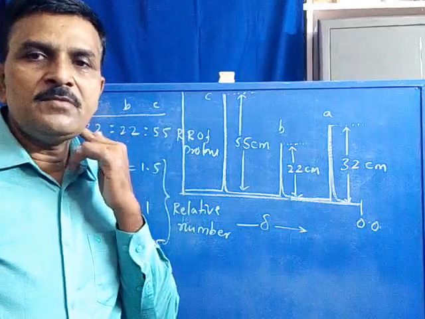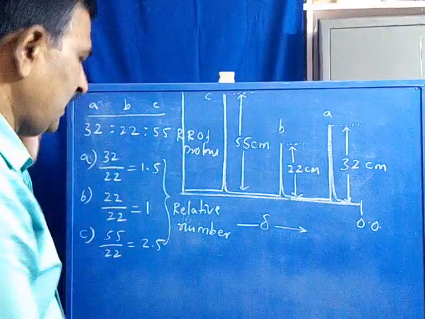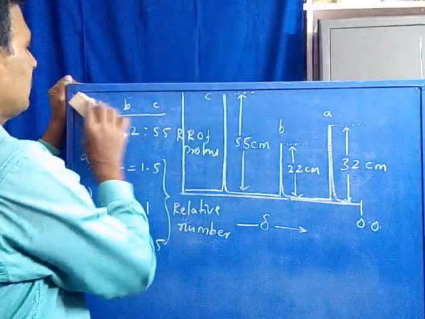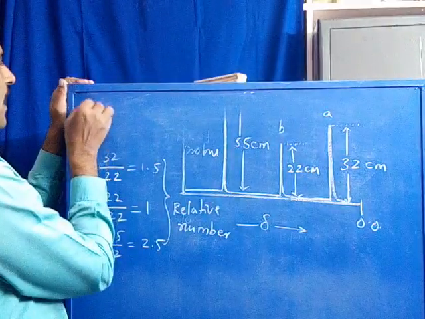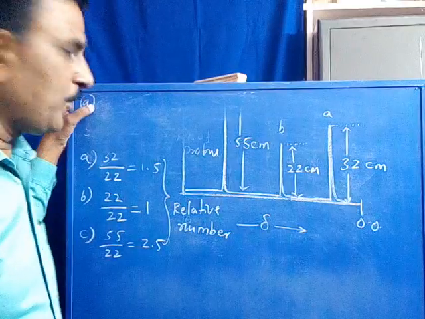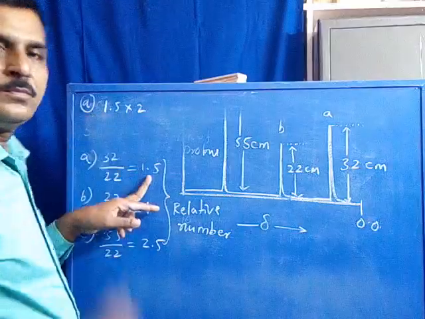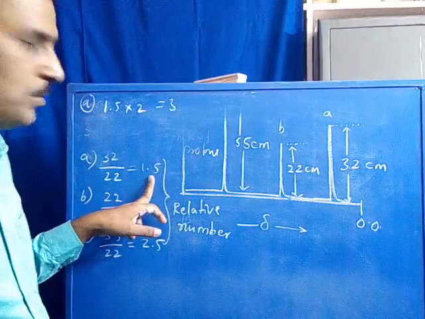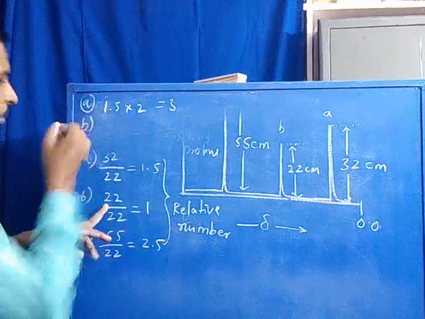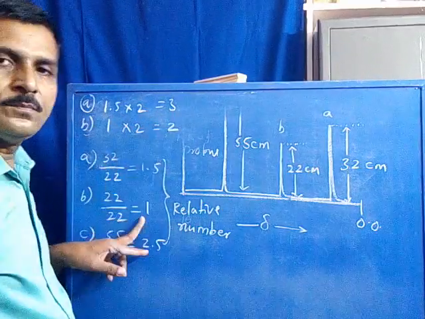Now after this we have to multiply every relative number by 2. Say for A set of protons, its relative number is 1.5 into 2 is equal to 3. For B set of protons, the relative number is 1 into 2 is equal to 2.